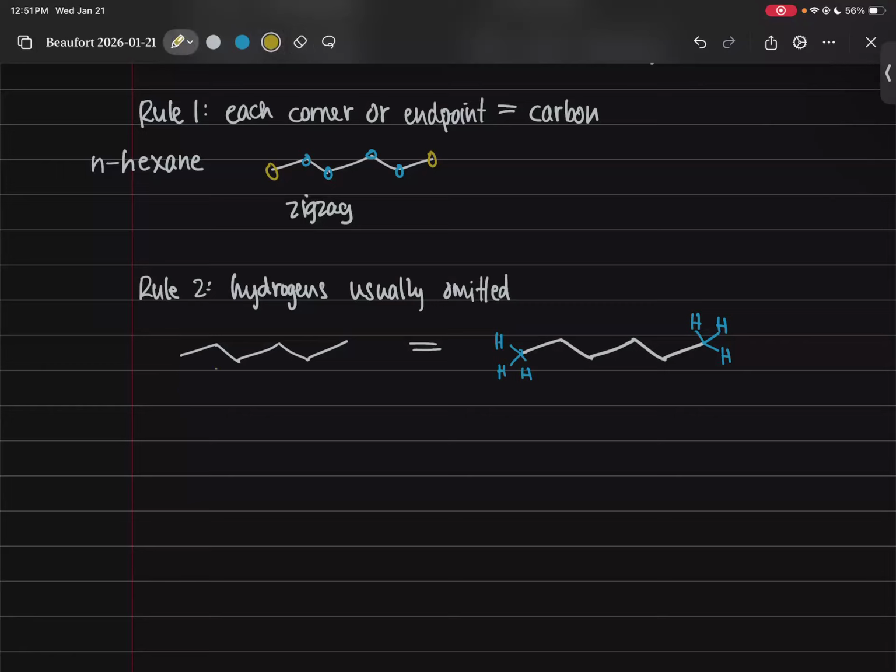Okay, what about our 4 carbons in the middle? How many hydrogens do those have? 2. Again, each of those middle carbons in the plain skeletal structure have 2 bonds drawn to them.